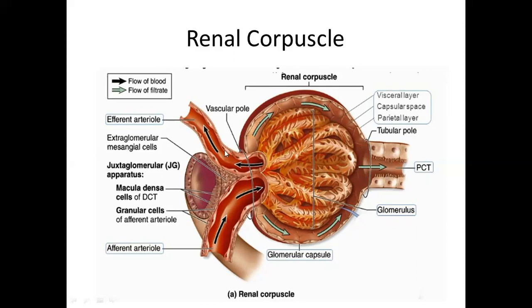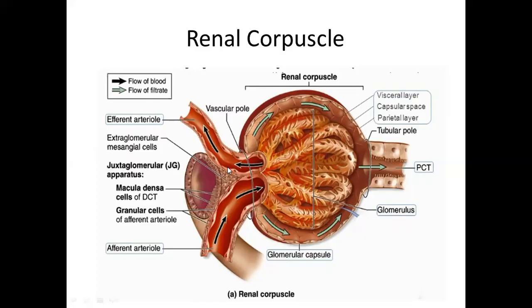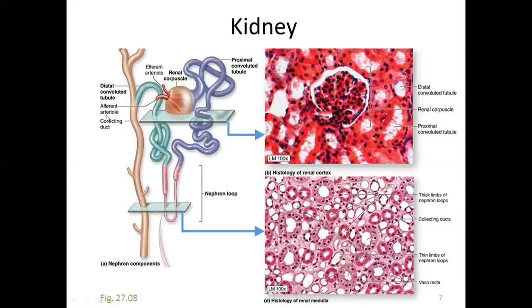And another important feature, we were just discussing that when the distal convoluted tubule moves upward from the medulla, it has to pass near the vascular pole of its own nephron's renal corpuscle.